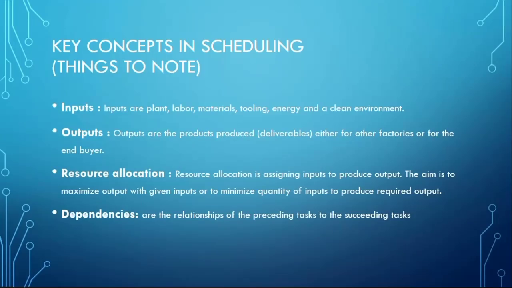Okay. Now the key concepts in scheduling, things I want you to note when you are scheduling an activity. Number one is input. What are inputs? Inputs are those resources that you need to put together for a transformational process to take place.